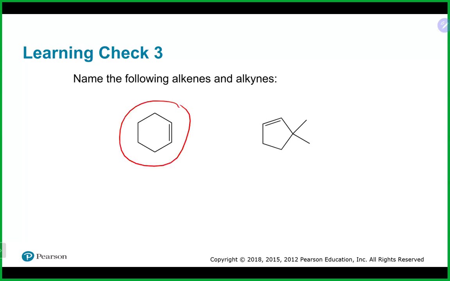That is 6 carbons, so that's going to be a cyclohexene. Again, nothing else there, so no groups to attach. The longest carbon chain, once again, is going to be the ring. That is a 5 carbon one, so that's going to be cyclopentene, since we have a double bond in both of them.